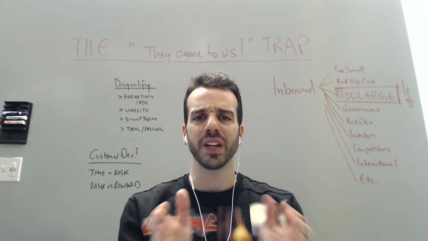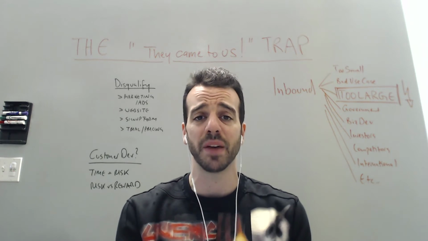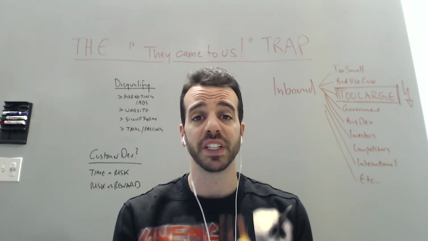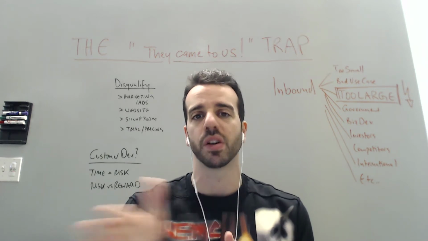It doesn't work. If you don't understand who your customer is, you can't sell effectively to them, you can't message effectively to them, and you can't have a conversation that converts with them.